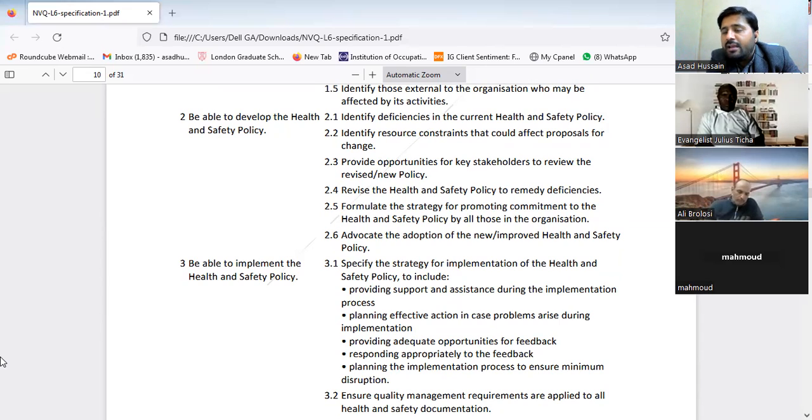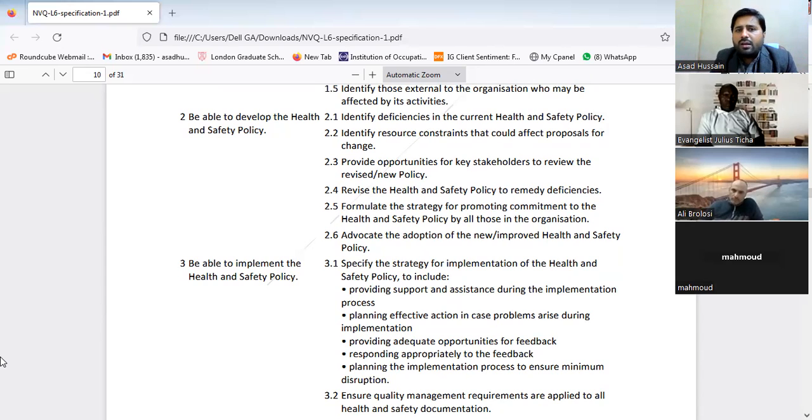Here we only have to manage or map the things around the health and safety policy, or whatever we are getting from it. So we can't produce too much evidence for it.